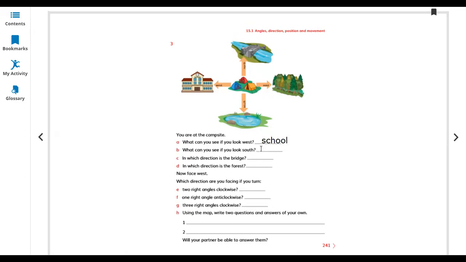If we look south, it's a pond. In which direction is the bridge? Bridge is here on the north side. And which side is the forest? On the east side.